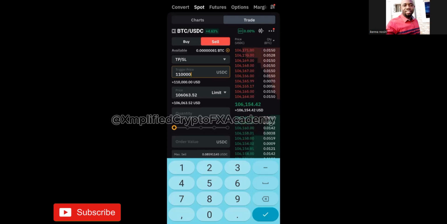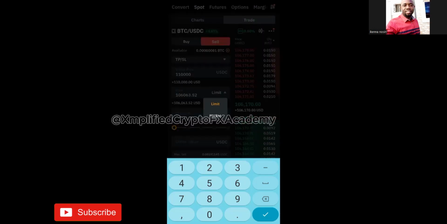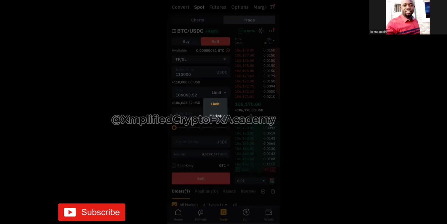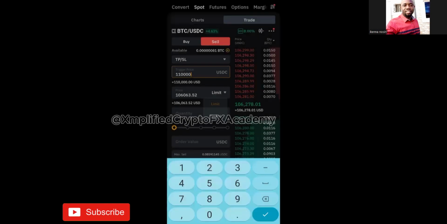On the limit, do you choose the limit here or the market? Remember what limit does when you want to do a sell: it should be above the cost. On this particular sell it doesn't make much difference, you can use the limit or the market. But if you're using the limit, please make sure you place it closer to your trigger price.